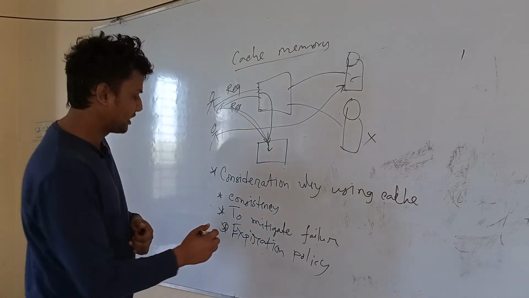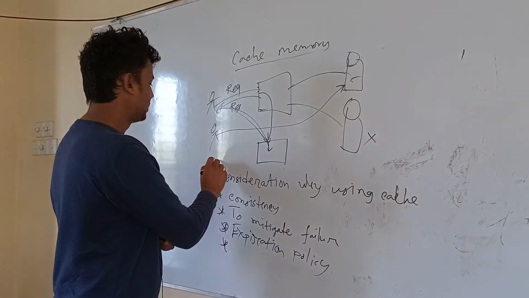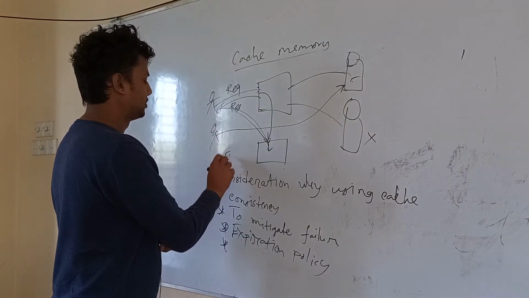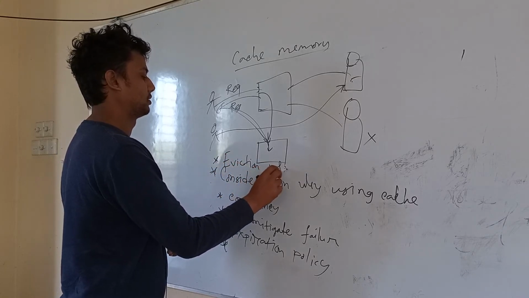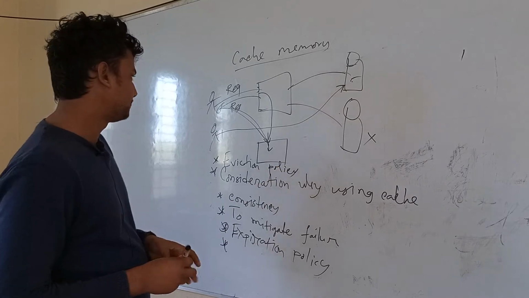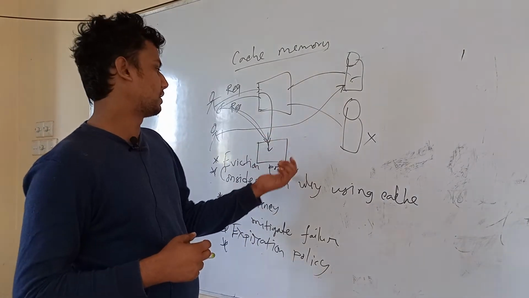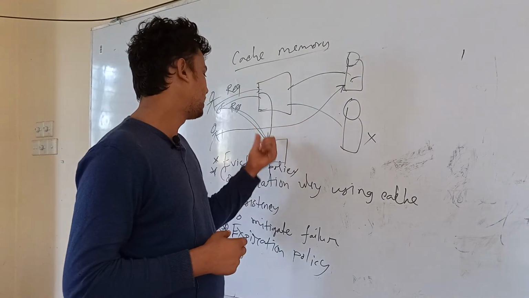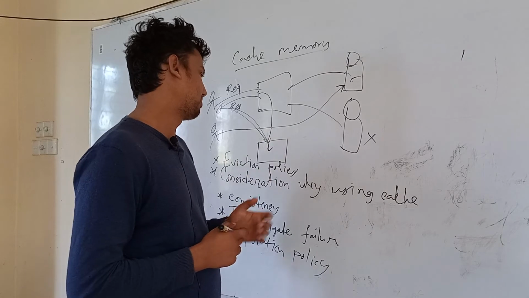Okay, and the last one is very important: eviction policy. I think I should write it here, eviction policy. That means how should our data be stored in the cache memory? This is called eviction, or removal from cache memory.